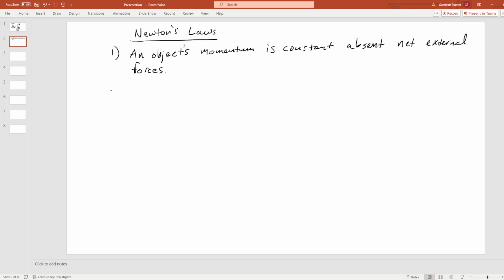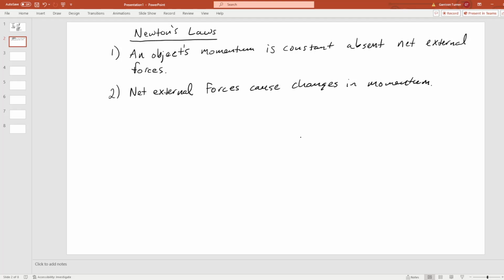The second law actually becomes even shorter yet. Net external forces cause changes in momentum.